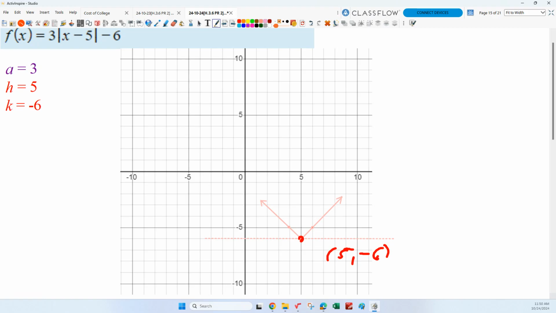So 3 times 1 equals 3. So instead of going over 1 and up 1, I'm going to go over 1 and up 1 times 3. I'm going to go up 3 to this point right there. Everybody see that?